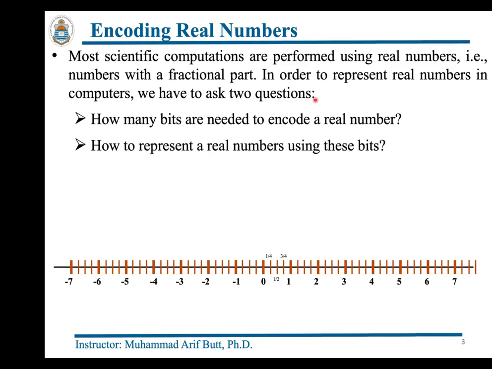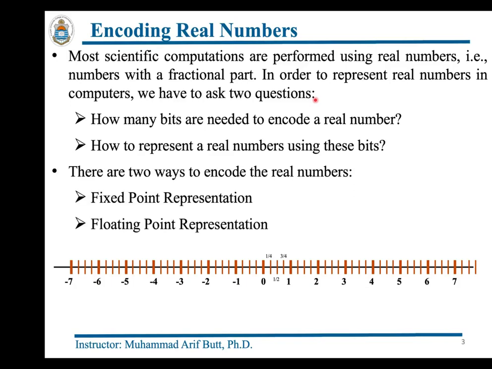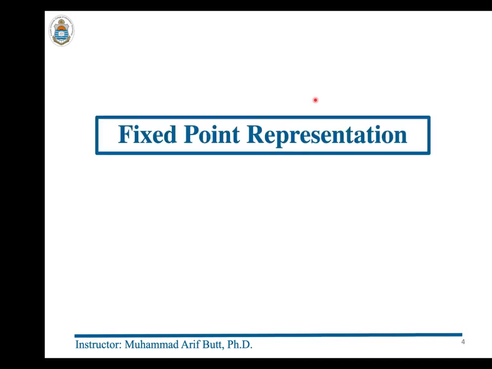And the second question is, how to represent a real number using these bits? Well, there are two possible ways to encode real numbers: the fixed point representation and the floating point representation. So let us first discuss the fixed point representation of real numbers.